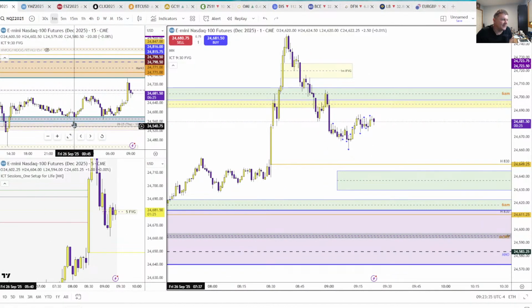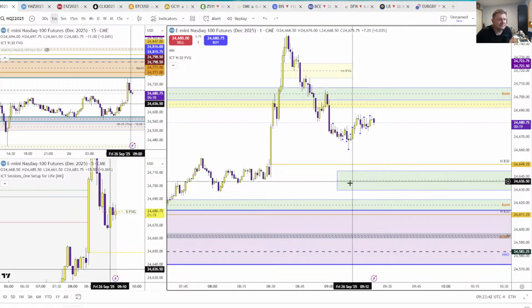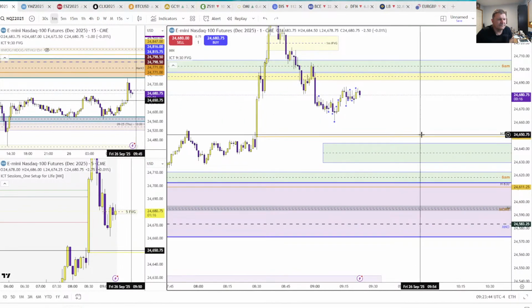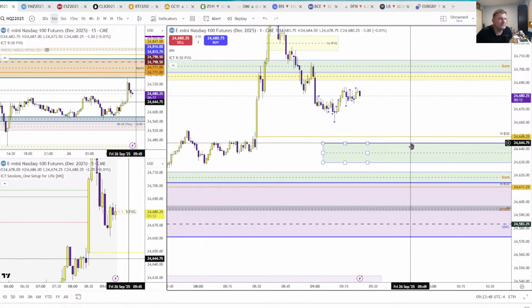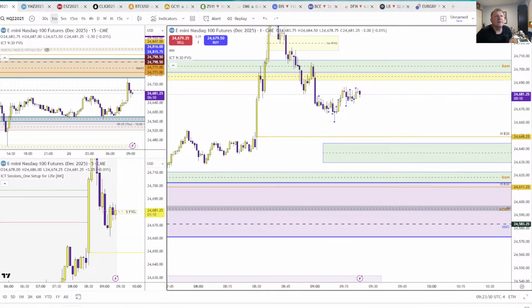I would like to see them run out this liquidity here and get back down into this discount box down here. Near the open, the markets tend to pull back towards the previous day's close.